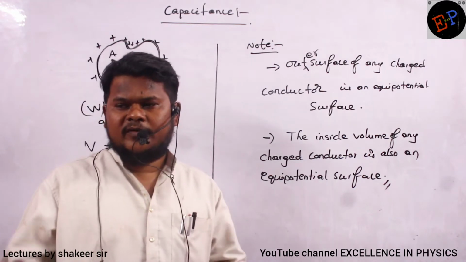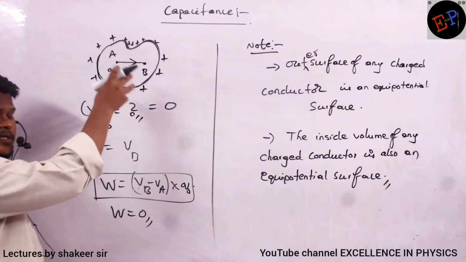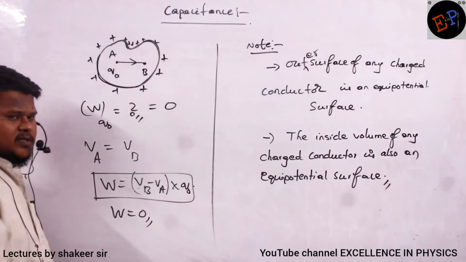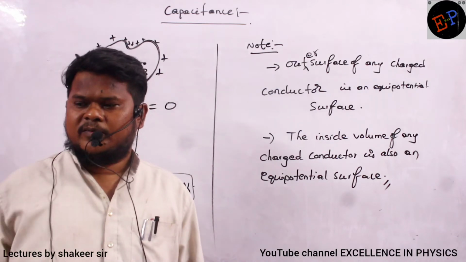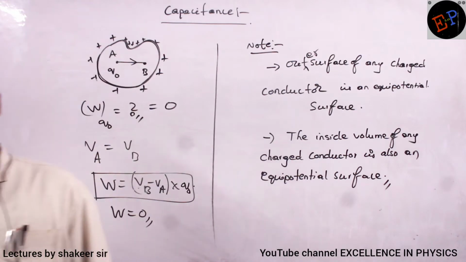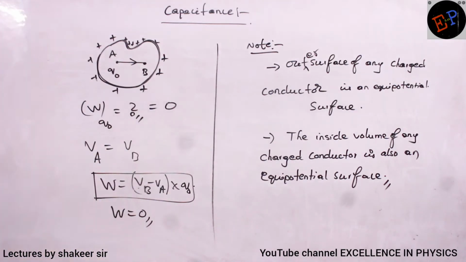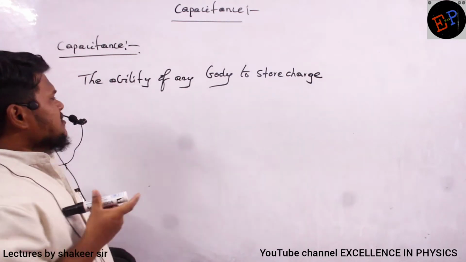Equipotential surface means everywhere you will find the same potential. And even the inside volume of the conductor is also an equipotential surface. Okay, surface పైన మీరు ఏ పాయింట్ తీసుకున్నా ఈక్విపొటెన్షియల్, వాల్యూమ్ లోపల ఏ పాయింట్ తీసుకున్నా ఈక్విపొటెన్షియల్. క్లియర్ నో? దట్స్ it.